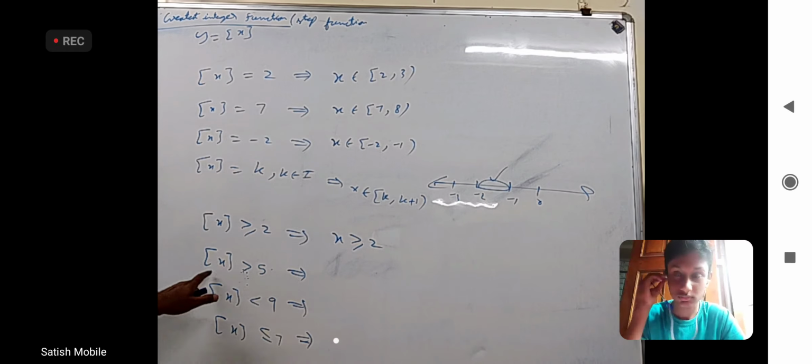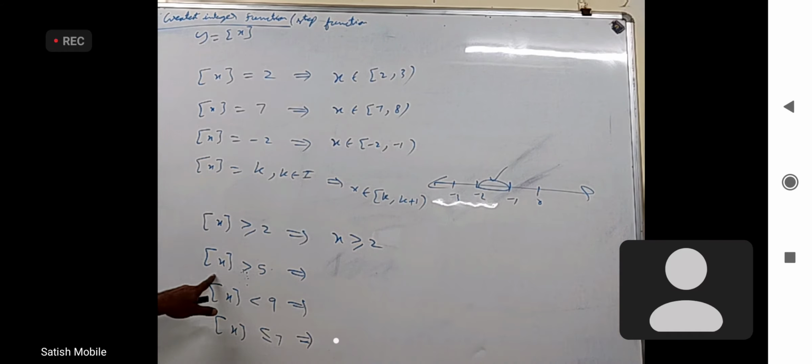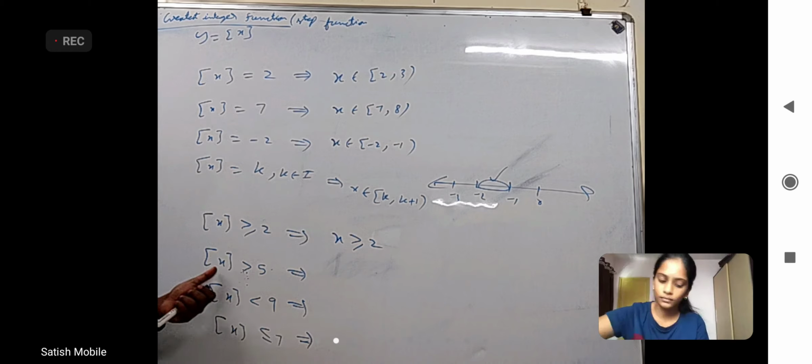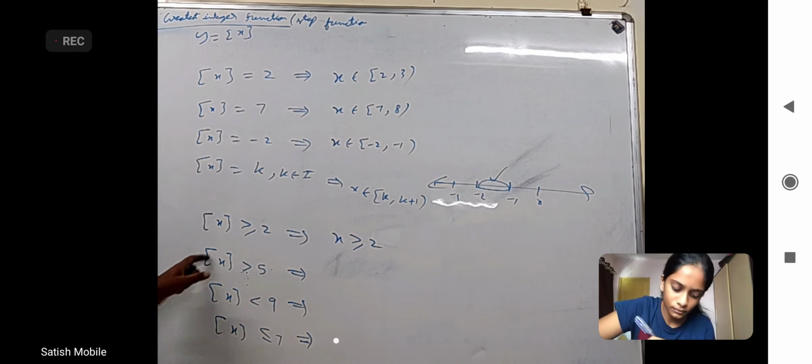So, what is the smallest number satisfying this inequality? No, 5 will not satisfy. It will be 6. Even if you take 5.8, it will be 5, and 5 cannot be greater than 5.